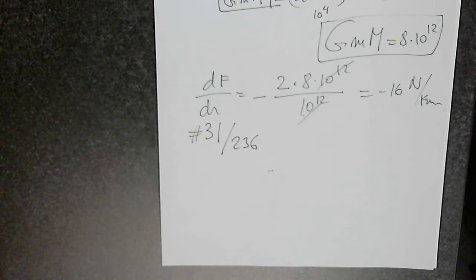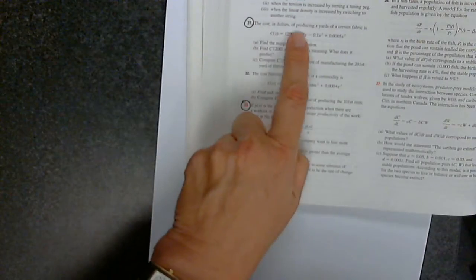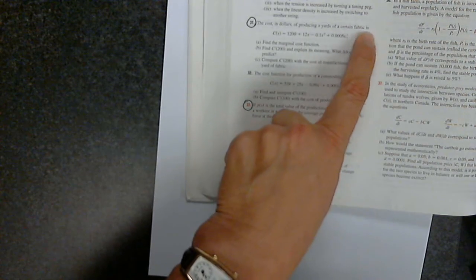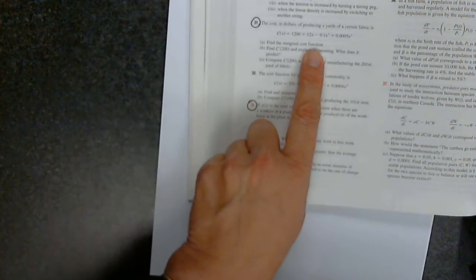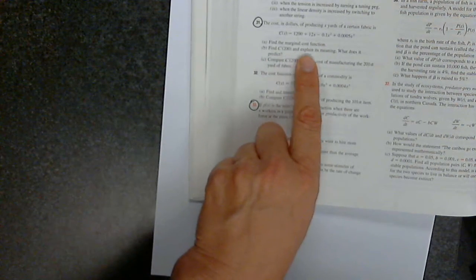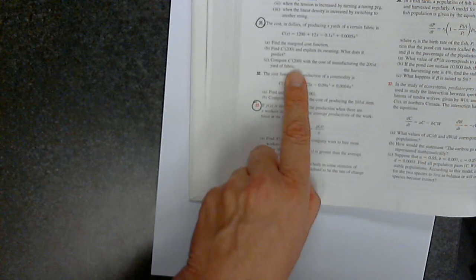Okay, 31. Let's read 31. The cost in dollars of producing x yards of a certain fabric is this. Find the marginal cost function, find C prime of 200 and explain its meaning. What does it predict? And then compare C prime of 200 with the cost of manufacturing the 201st yard of fabric.